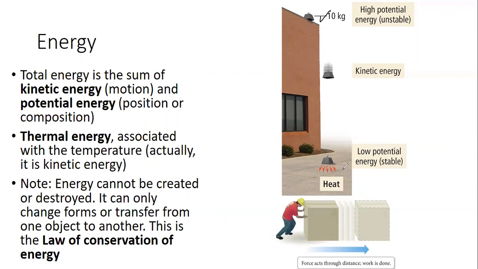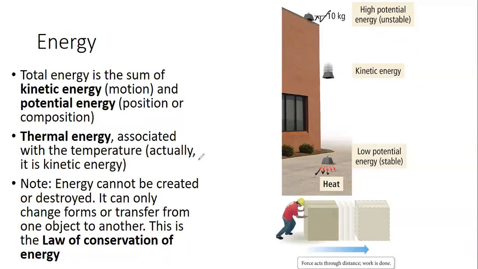Remember, we said on Friday that solids aren't stationary. The atoms inside of solids are vibrating. So when this weight hits the ground, it causes an increase in vibration. And all of this potential energy that was stored goes into the ground in the form of thermal energy.